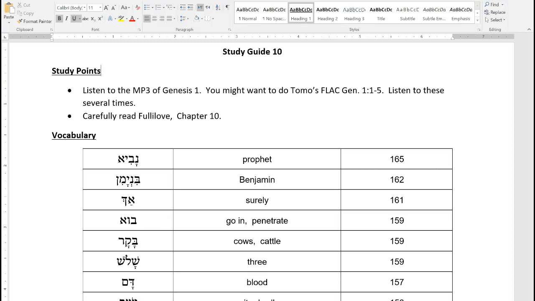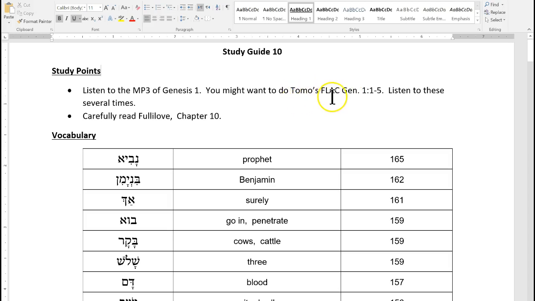Believe it or not, we're finishing up our time together, and this is the very last one we'll do before we have the final. I want you to listen to the MP3 of Genesis 1. Try to do it 3 or 4 times. You may want to access Tomo's FLAC version.